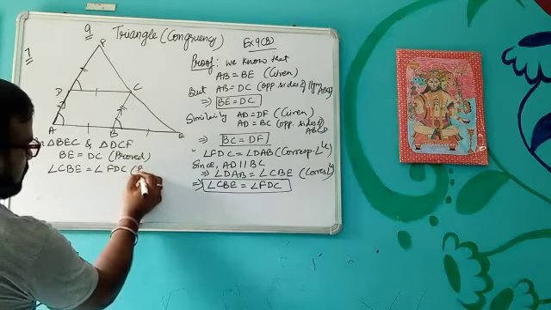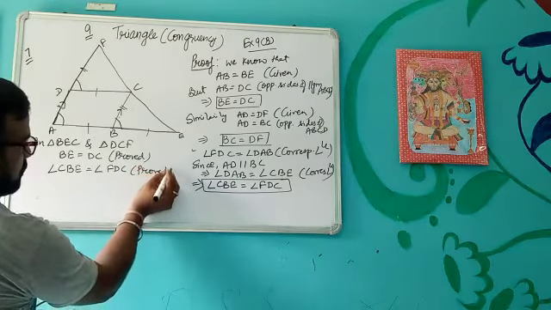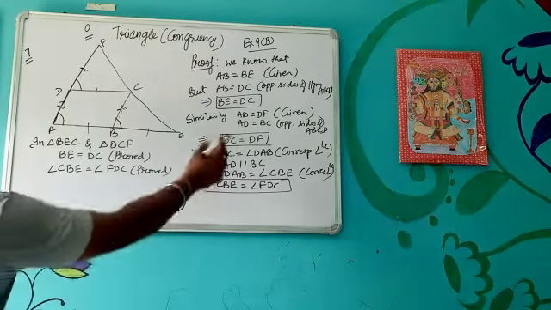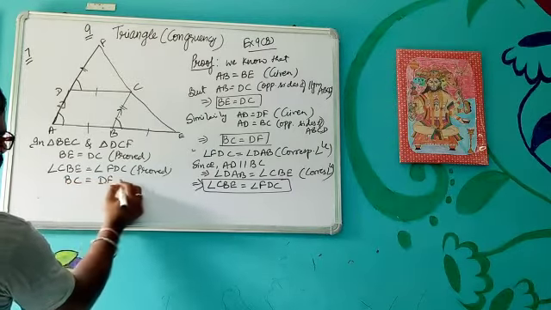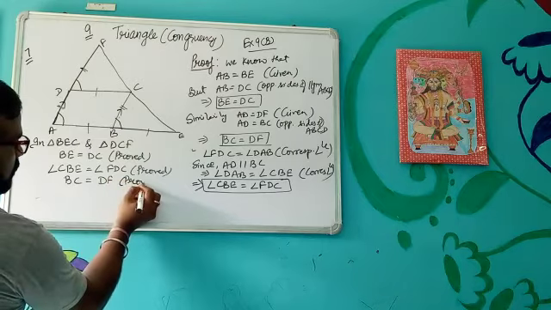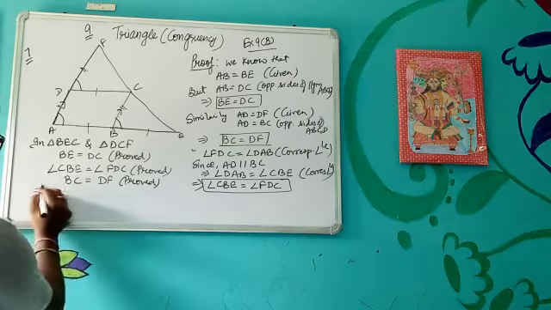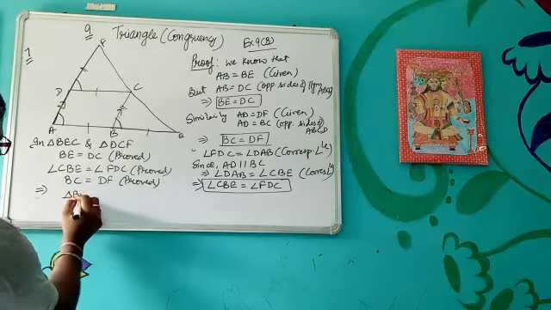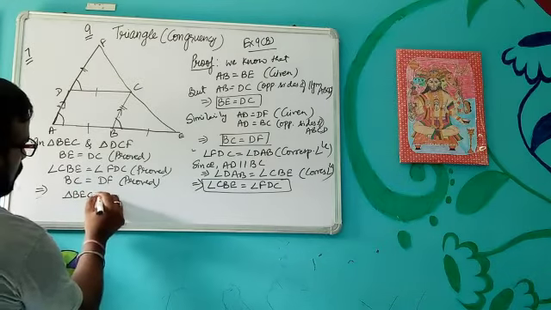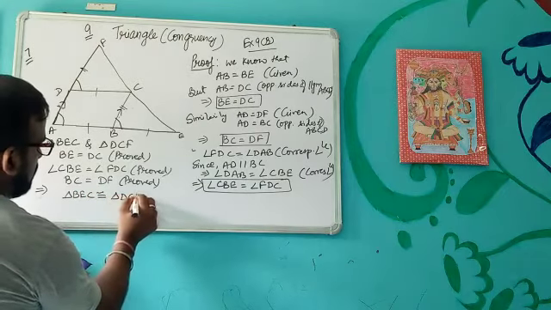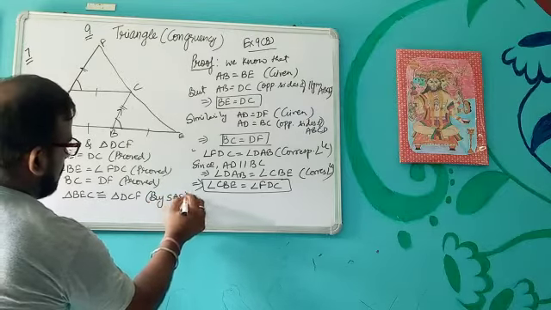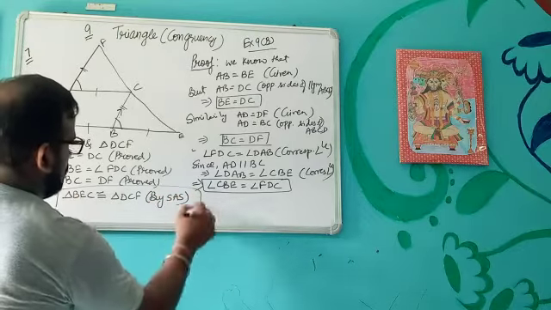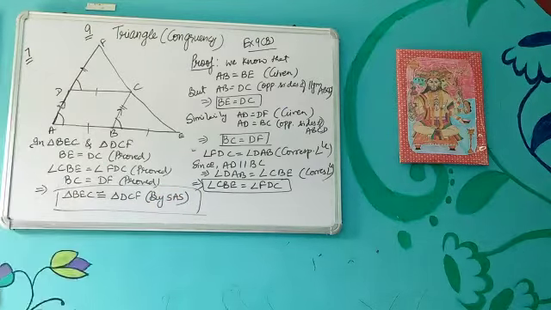This again we have just proved. Then one more, BC equal to DF. This also we have proved. So we can say that triangle BEC is congruent to triangle DCF by which criteria? Side, angle, side. So hence proved.